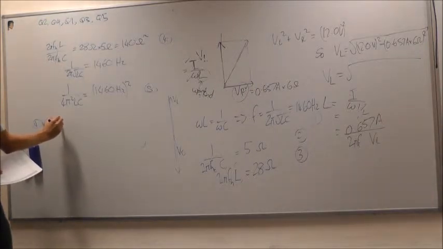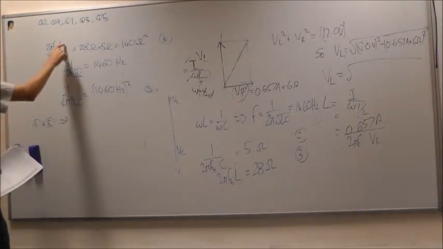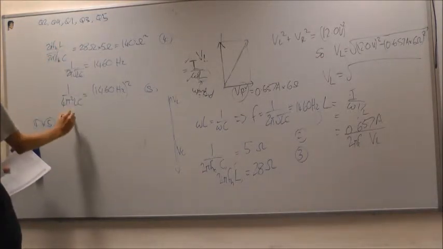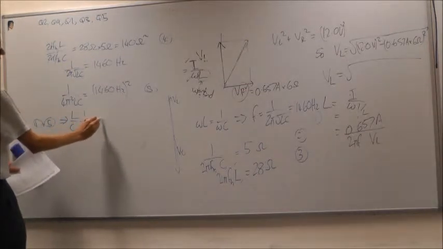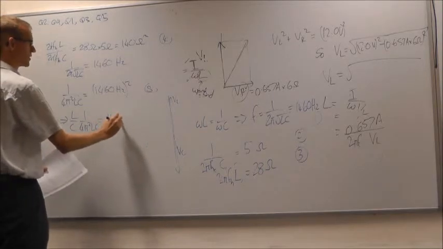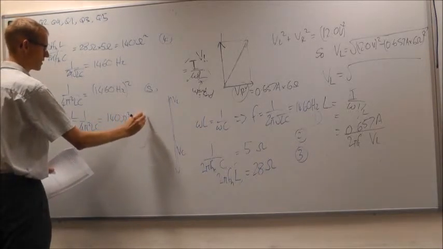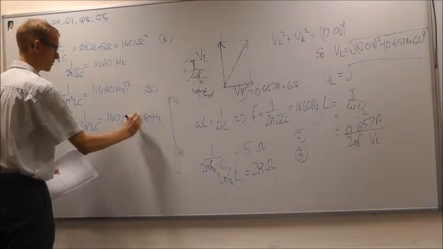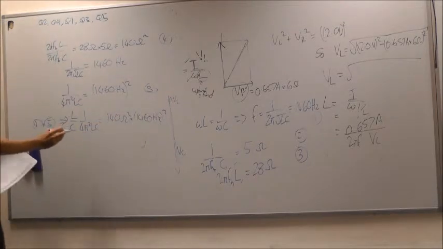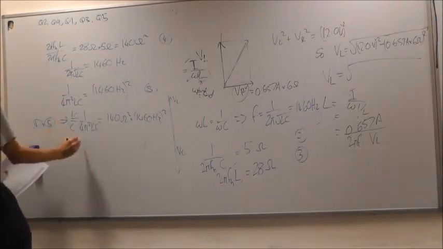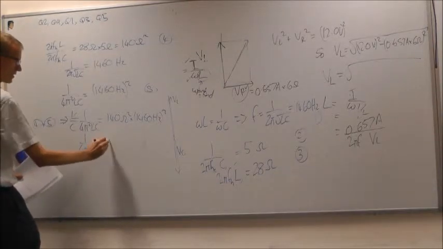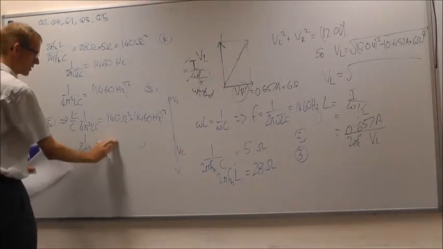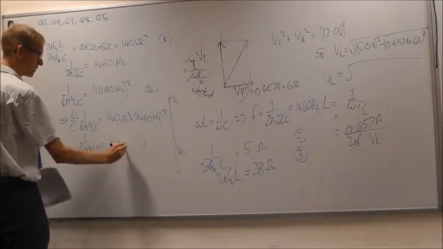That tells me that we've got L over C times 1 over 4 pi squared LC equals 140 ohms squared times 1460 Hertz, all squared. So my L's go, so I've got 1 over 4 pi squared C squared equals that value there.